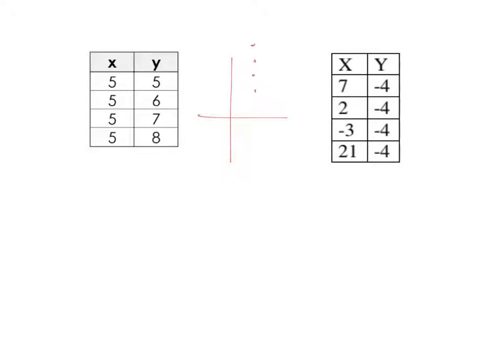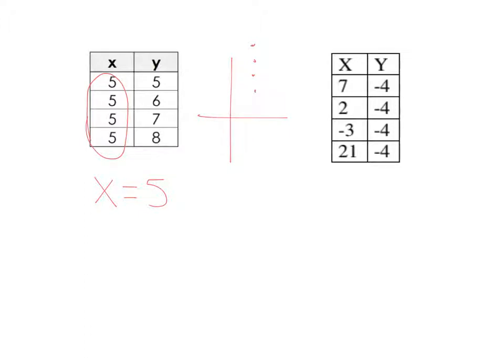What kind of line are we going to get? We're going to get a vertical line. What is true about every point on this line? x equals 5. Done. We didn't have to find the slope. The y-intercept, well, there's not one, but it's not in the table. And since they showed us that every x value is 5, the equation is x equals 5.